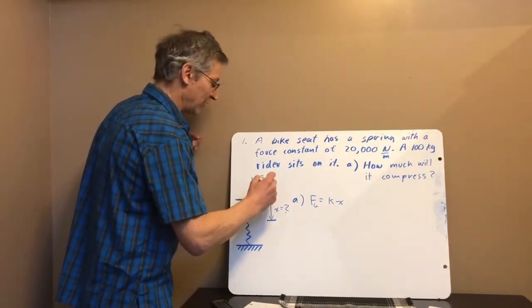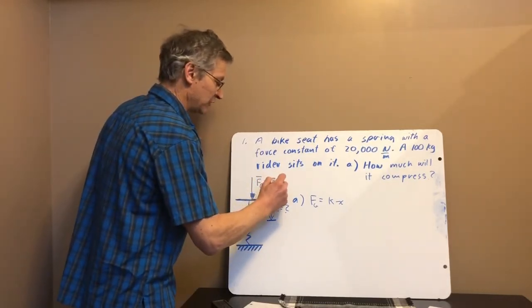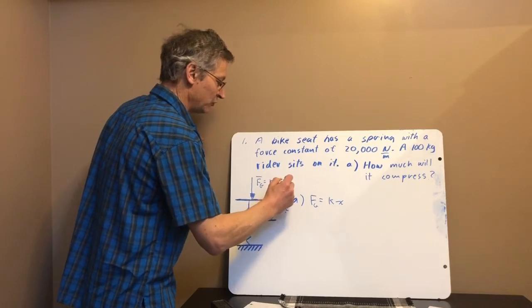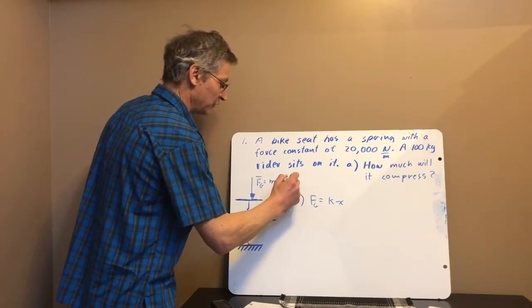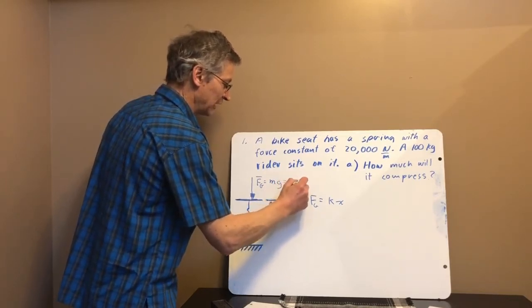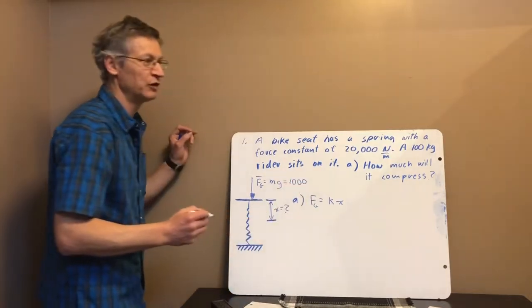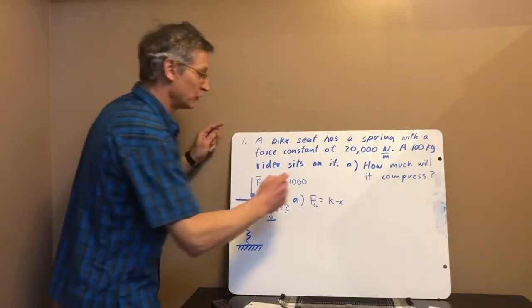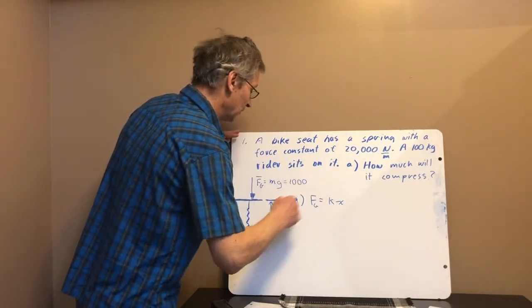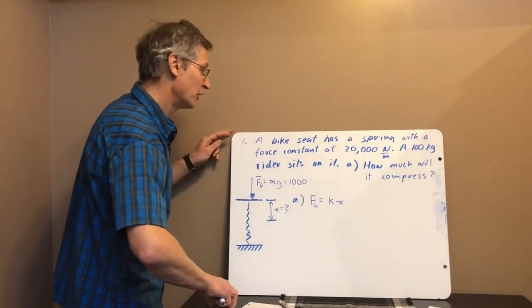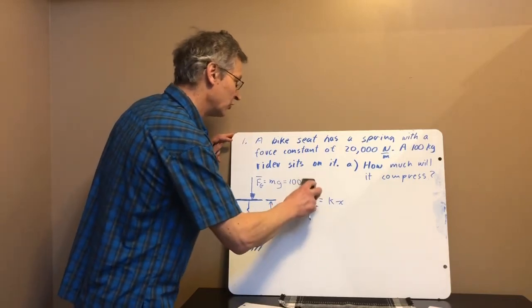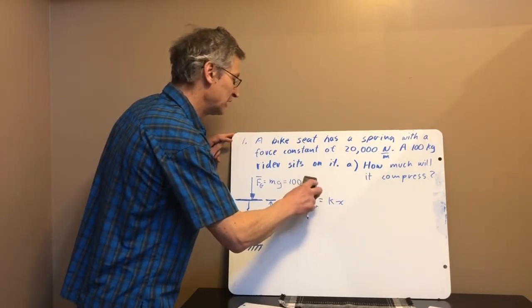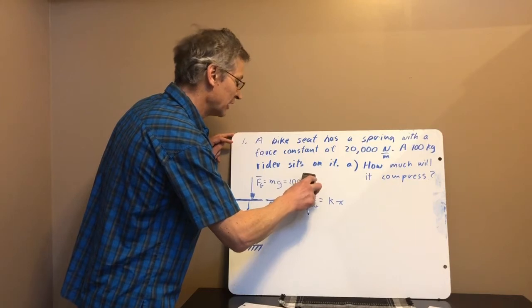Well, the force of gravity is equal to the mass times the gravitational field. The mass is 1,000 kilograms. The gravitational field, and I'm going to say down is negative, so that's going to be negative 10 newtons per kilogram. Oh, whoops, I screwed that up here. My rider experienced a sudden weight gain of 900 kilograms.